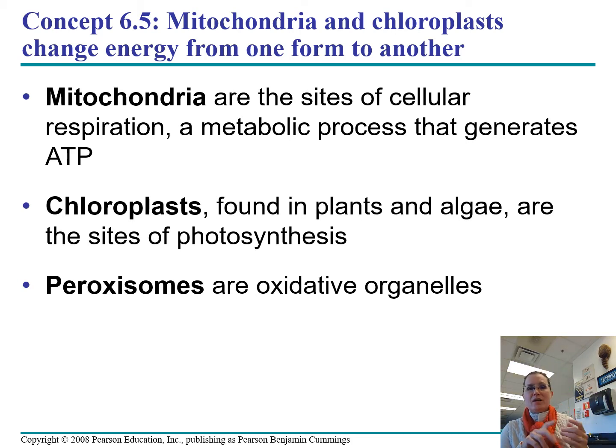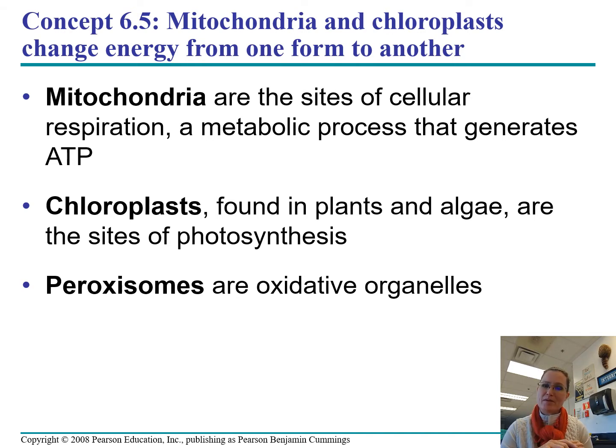Mitochondria is not the site of protein synthesis. It is the powerhouse of the cell. It is the site of ATP synthesis. Chloroplasts are where we absorb the sunlight and make glucose. And then peroxisomes are a cool little extra organelle that help us get rid of byproducts. But I'll talk about all of them.